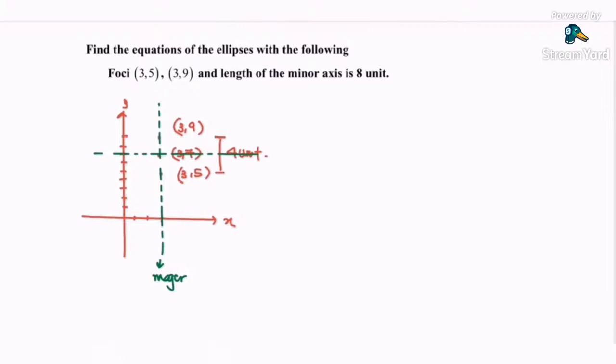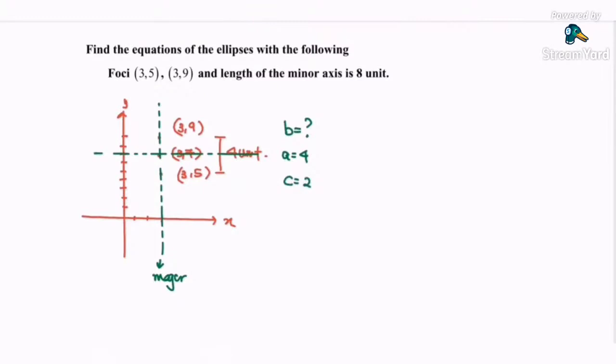So we have to shift 4 units to the left and to the right, meaning that the value for a is equal to 4. And the value for b is still not sure, and the value of c is equal to 2 units.